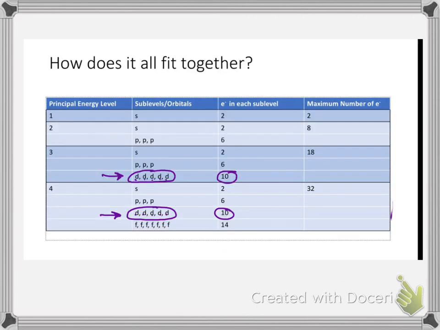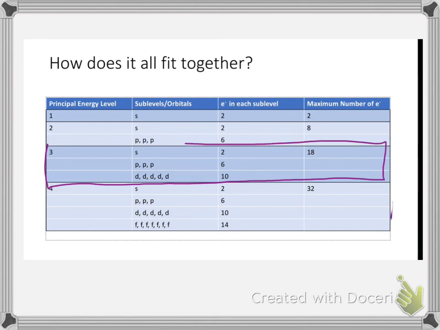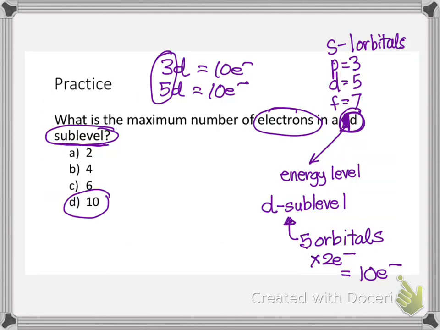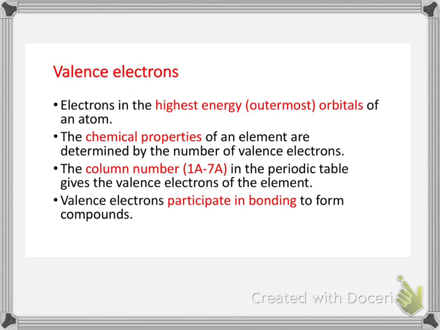Again, looking at this slide, this is the 3rd energy level right there. It can have S, P, and D. And so we figured out this and got the 18. All right, one other thing with electrons.